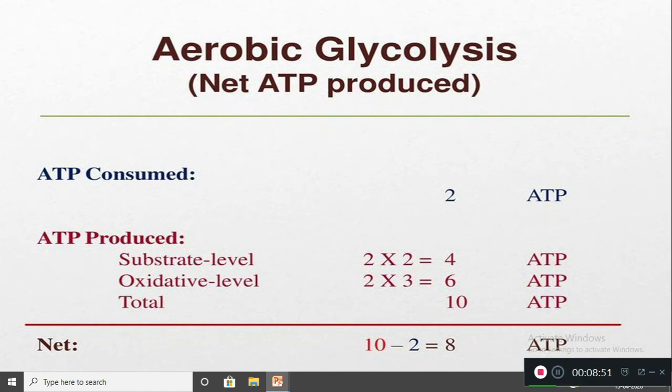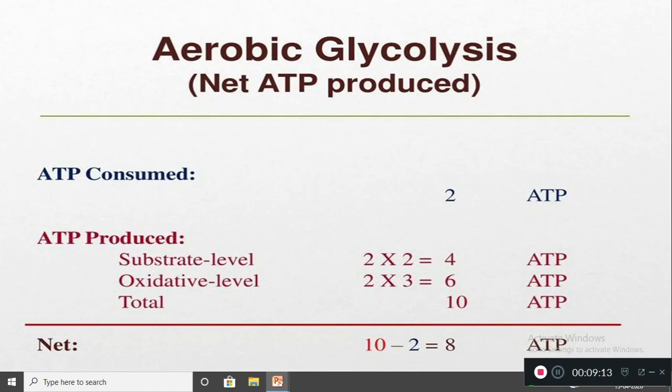in the energy obtaining phase, the energy harvesting phase, at substrate level, 2 molecules of ATP are produced from each substrate. So that is totally 4 ATP molecules produced.